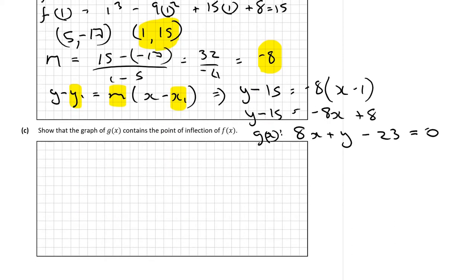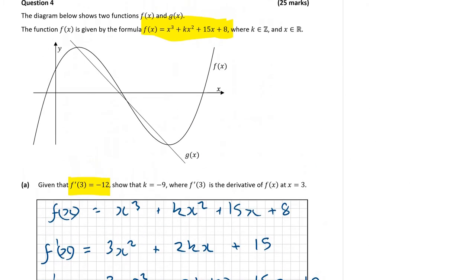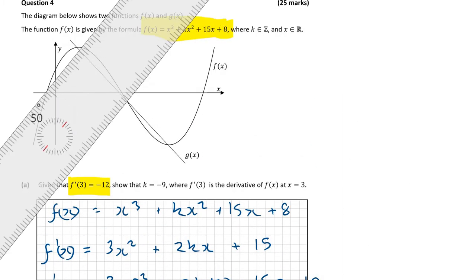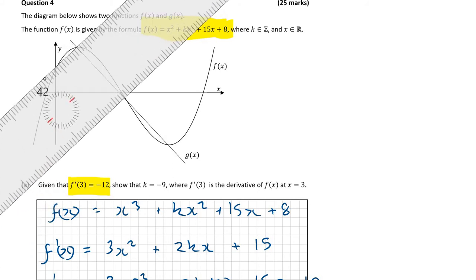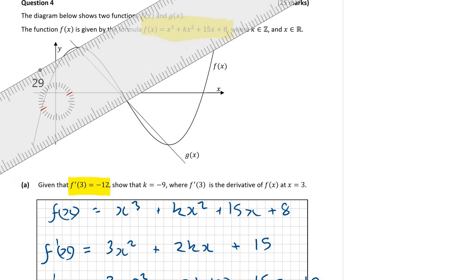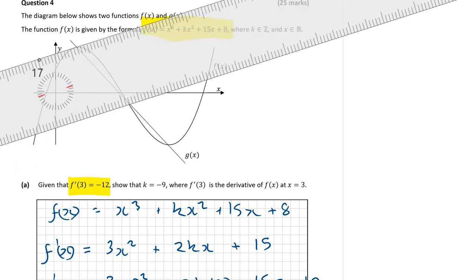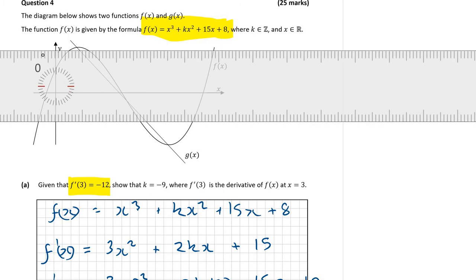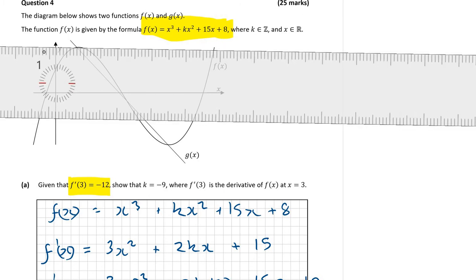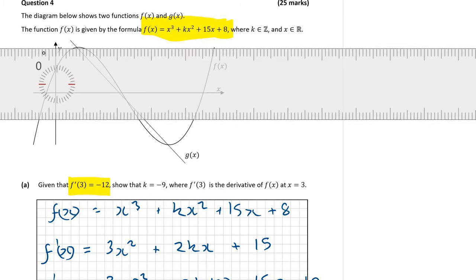Now the next part, show that the graph of g of x contains the point of inflection. So if you have a cubic equation like this, I know this is a positive slope. Right here, when I turn this around, the slope is getting less and less positive. Here the slope is equal to 0. The slope of the tangent being 0 always happens at the maximum or minimum.